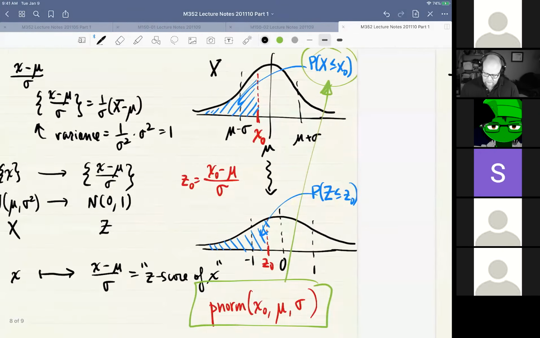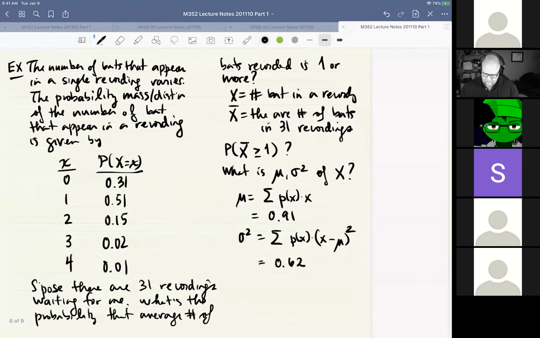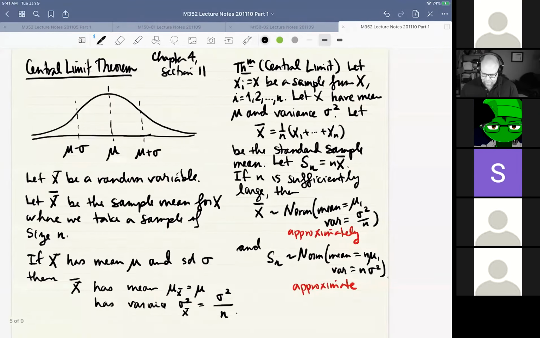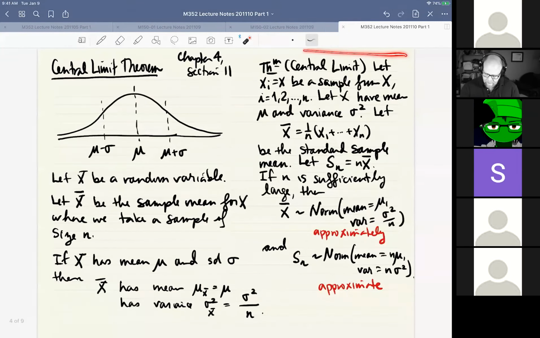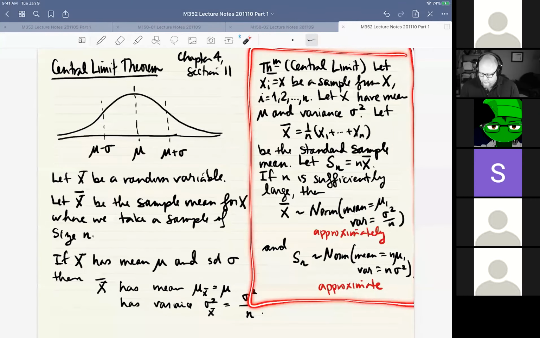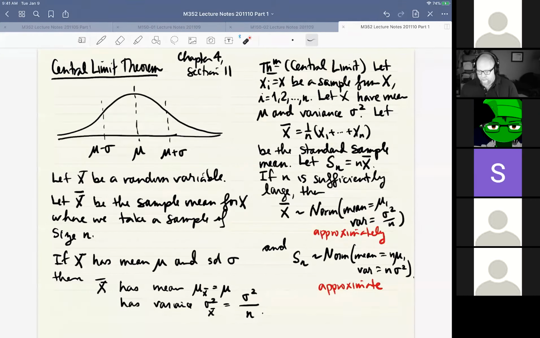Let's go back and look at the central limit theorem. Our X's here are our Bernoulli trials. We add up all these Bernoulli trials, and we were calling that X. So the central limit theorem says our sum is distributed normally with n times the mean and n times the variance.